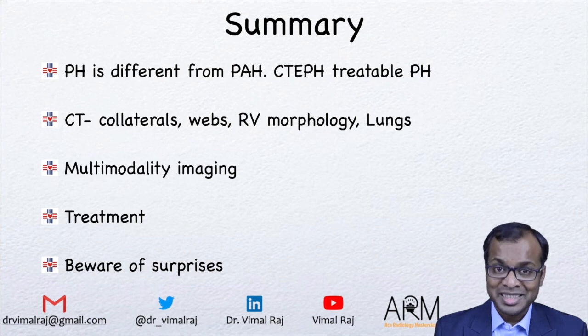Multimodality imaging is extremely useful and is required before a corrective surgery is provided to these patients. If the patient is not fit for surgery, pulmonary angioplasty can also be performed in these patients.